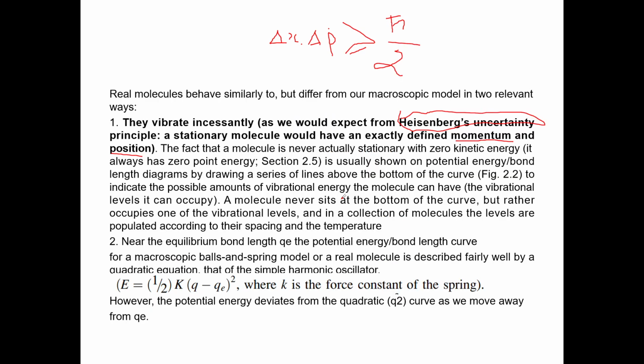Second, you can see the equilibrium length Qe creates the potential energy curve for the harmonic bond and spring model, and the molecule is described very well by a quadratic equation, the simple harmonic oscillator. However, the potential energy derived from the harmonic curve is less accurate as we move away from Qe.